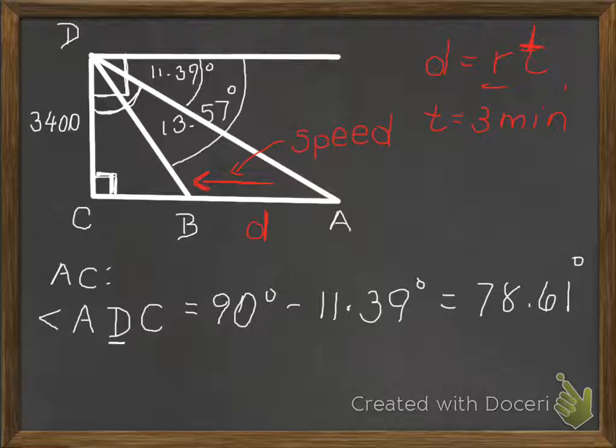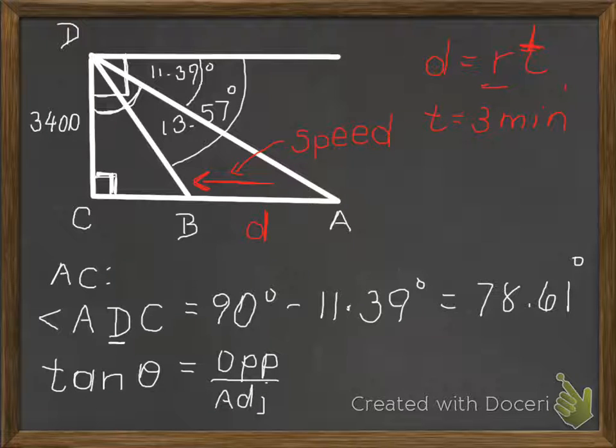Side AC is opposite angle ADC, 78.61. We have the adjacent to that angle, so we're going to use the tangent. Remember, the tangent of an angle is equal to the opposite over the adjacent.